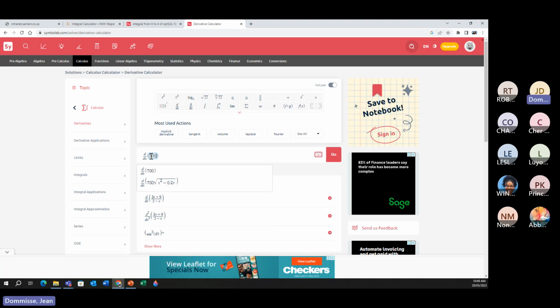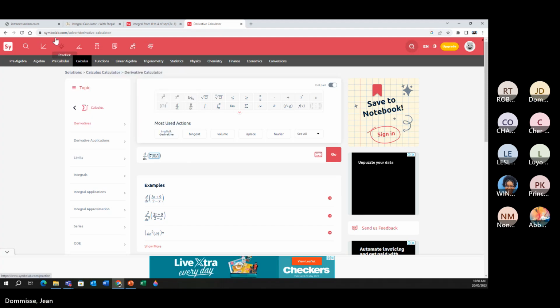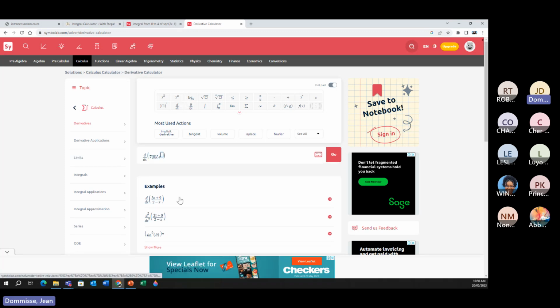So this one is actually a very cool online calculator, the Symbolab, if you want to use it. I just want to see if it will pick up the E. It actually does. Okay, so now I need to say to the power of. So will it do that? Yes.